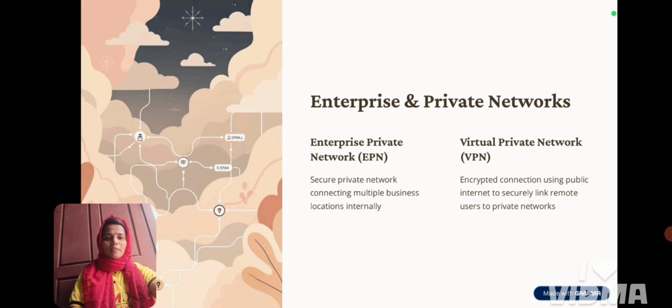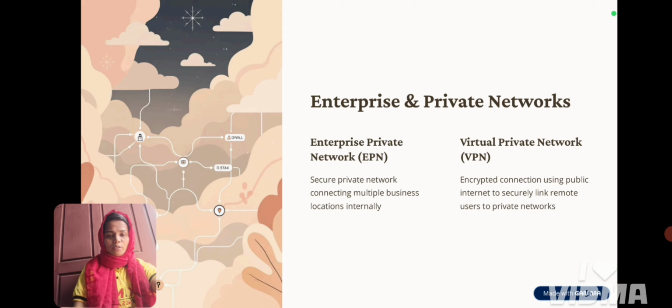We will discuss these keywords later. This is also like an enterprise private network. We are using the public internet connection for a secure private connection. That is called a virtual private network.